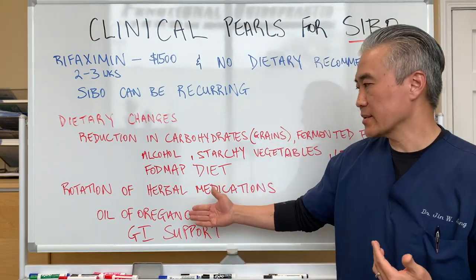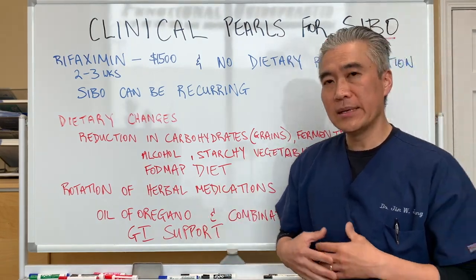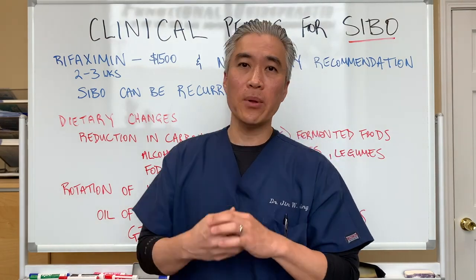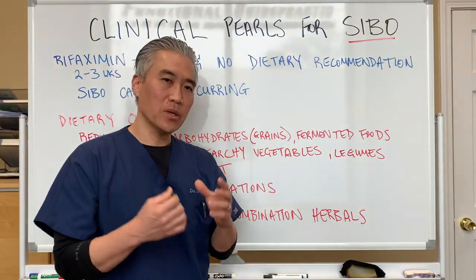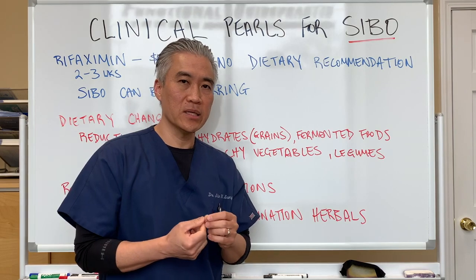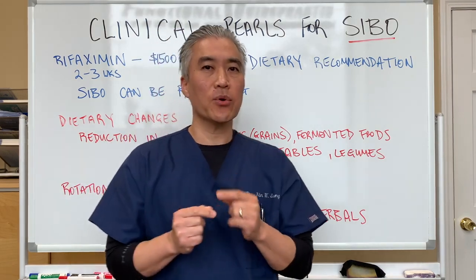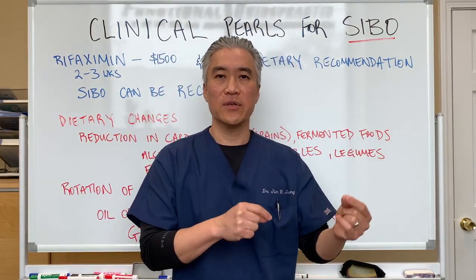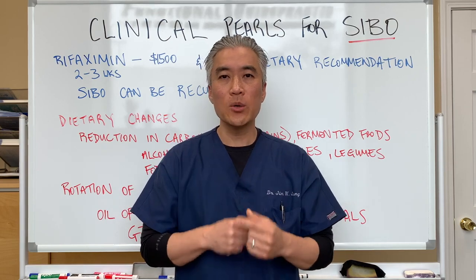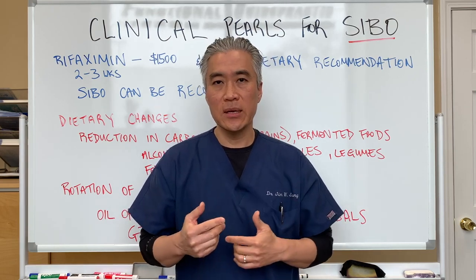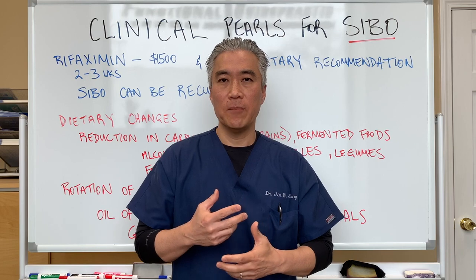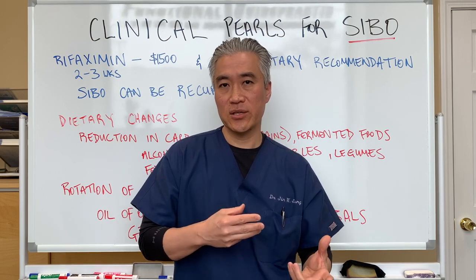Herbal remedies can be things like oil of oregano, or a combination herbal packet, right? But the important thing, or a clinical pearl, is not to use the same herbal product to kill off the overgrowth, but to rotate them every 2 to 3 weeks, so the bacteria doesn't have a chance to adapt.